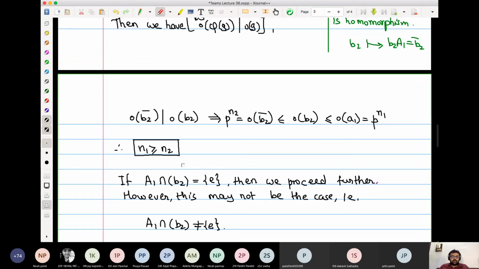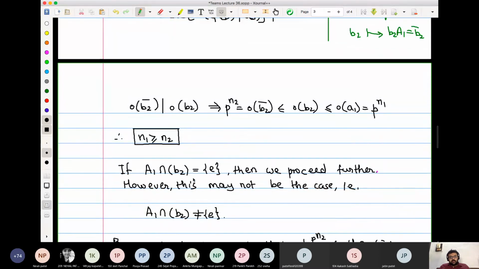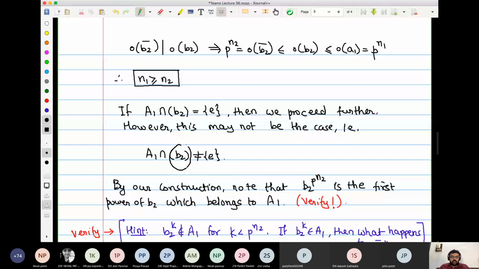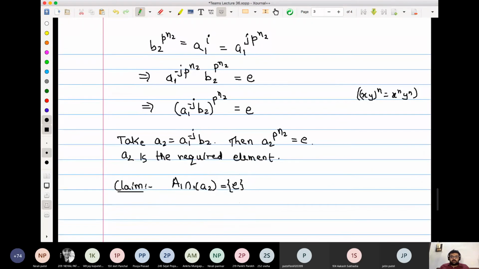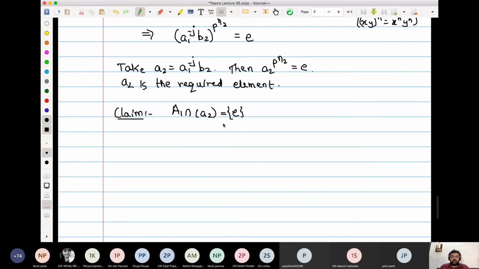If there are only two, this intersection must be identity, then we can proceed to find A3. If this is identity, then we are done. If it is not identity, then we need to find some other element whose order is P power N2. Instead of B2 power P power N2, we need to find some other A2, such that A1 intersection the cyclic group generated by A2 is identity. And that A2 has arrived. So this is the claim.